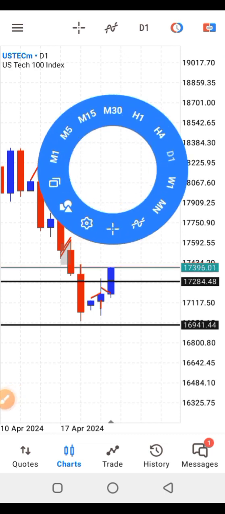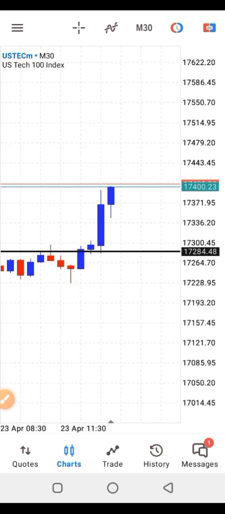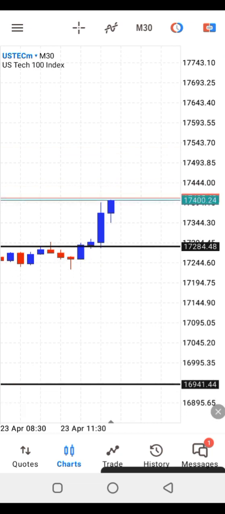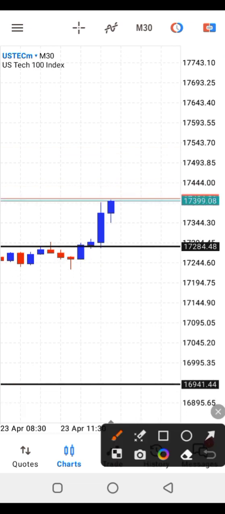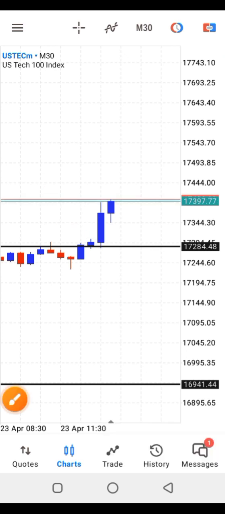All right, let's go to a smaller time frame. Let's see M15. On M15 we already have candles closing above the fair value gap. Okay, so the indication is already lining up that we are about to enter a bullish period for this week.